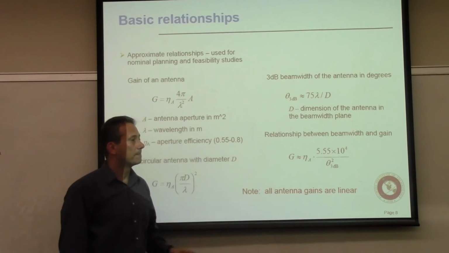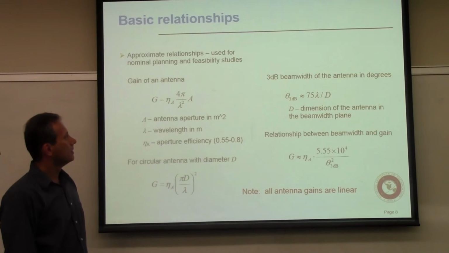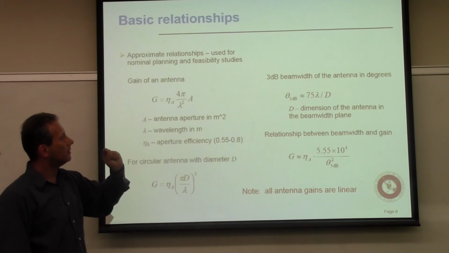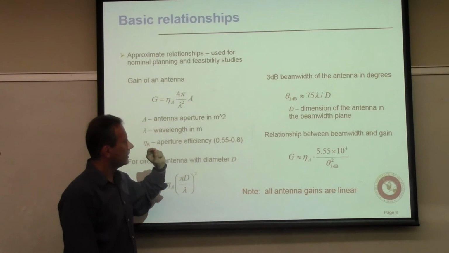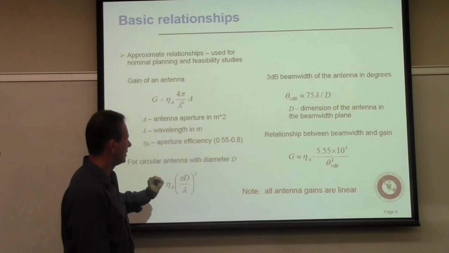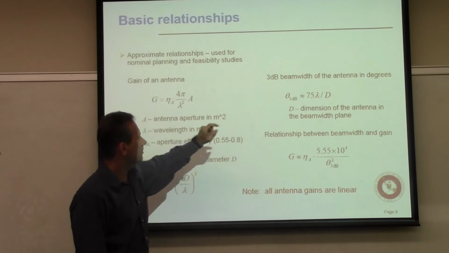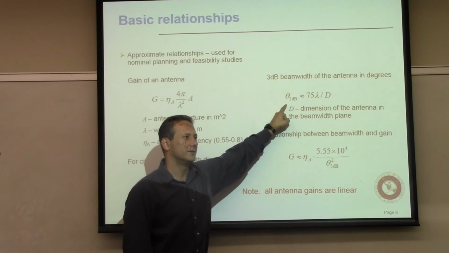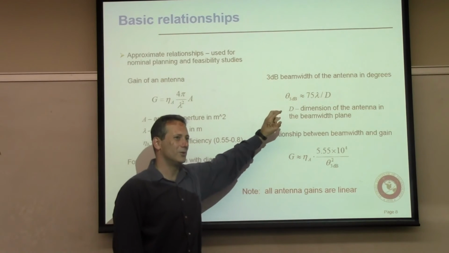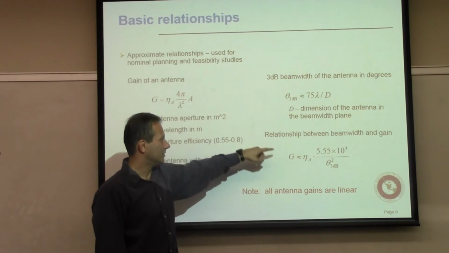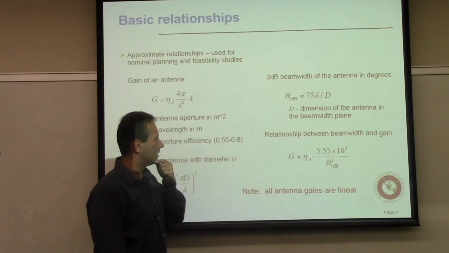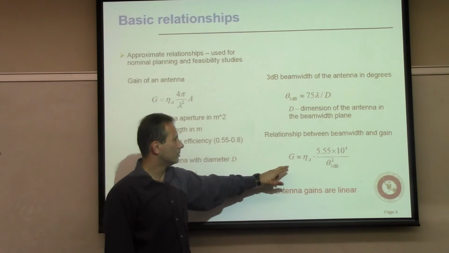Is that theta the half angle or the full angle? That's a half angle, and I don't make that point on the slide, but I believe this is in degrees. Please make a note there. I usually follow the book and double check with the book.